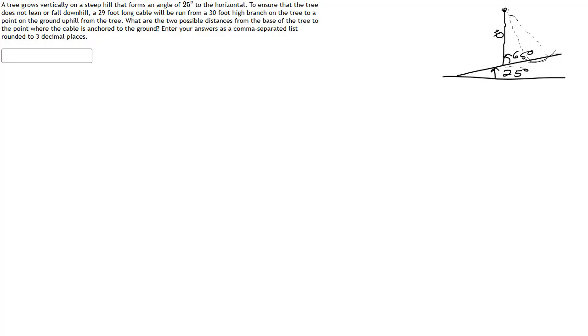So what I would suggest is to redraw those triangles so you can visualize each one, again just to help your mind's eye figure out what's going on. So here's our first option, the bigger one. This is still 30, this is still 65, and this is the cable, so this is 29.